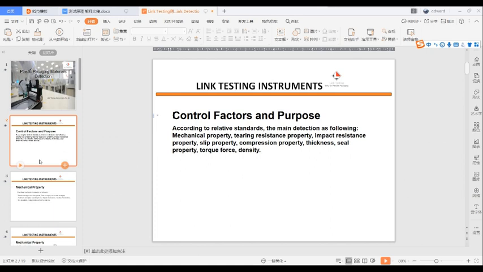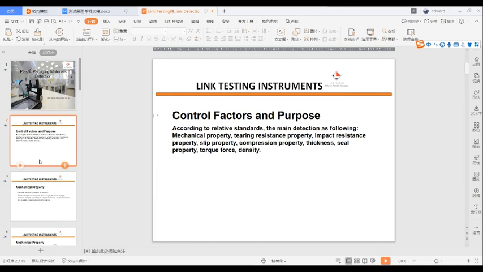Most of our test instruments are always used in the flexible packaging factories and labs and some related companies, like food, medicine, and daily chemicals.